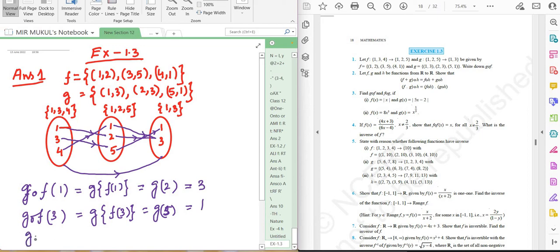And the last one is gof of 4, meaning g of f of 4. Now f of 4 is 1 and g of 1 is 3. So gof of 1 we are getting 3, gof of 3 we are getting 1, and gof of 4 we are getting 3. Understood?